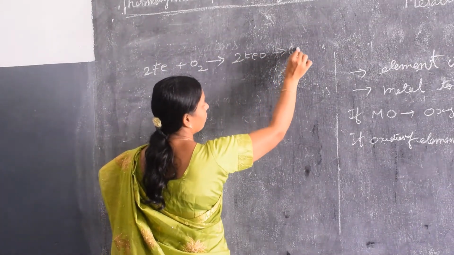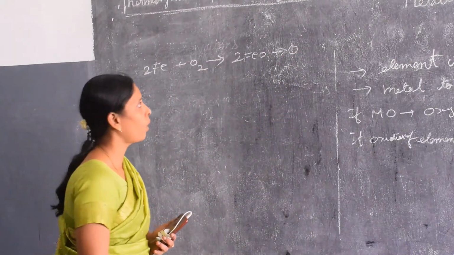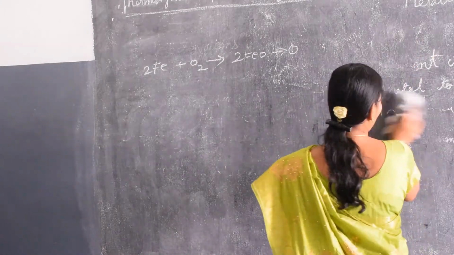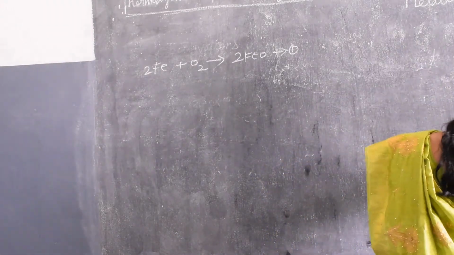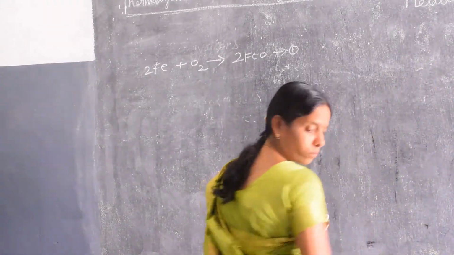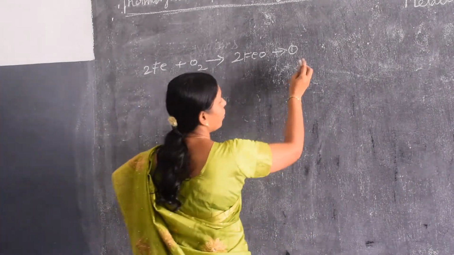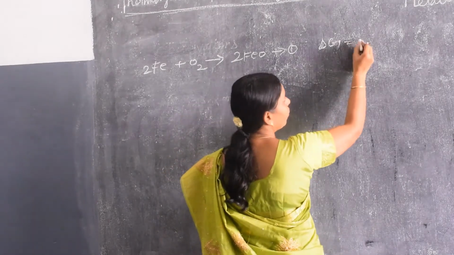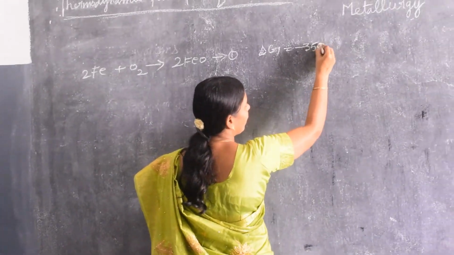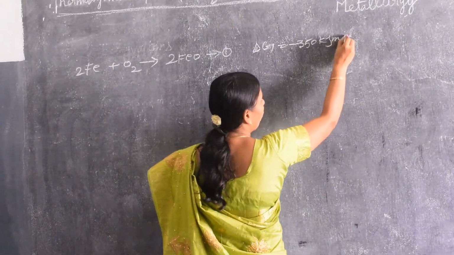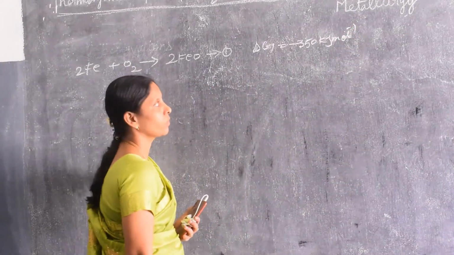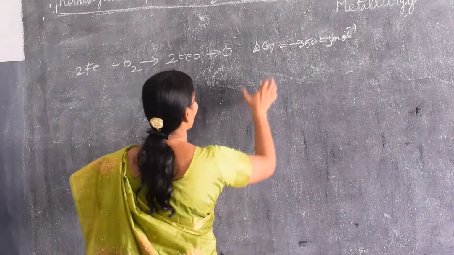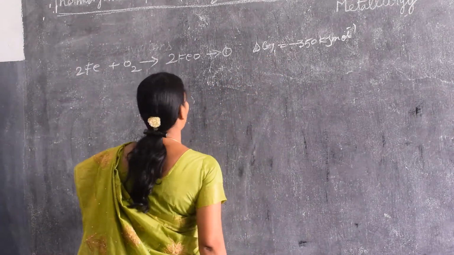This is equation 1. Its delta G value is minus 350 kilojoule mole power minus 1. Its value is minus 350 kilojoule mole power minus 1. It's delta G1 value.